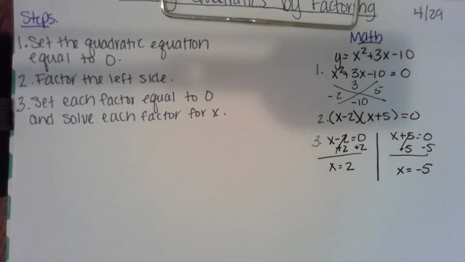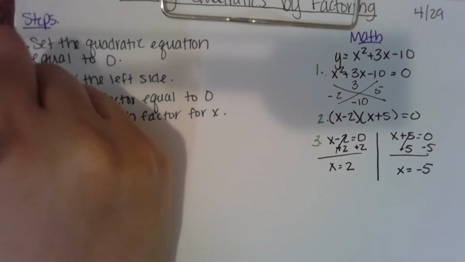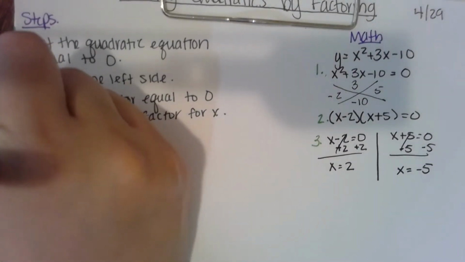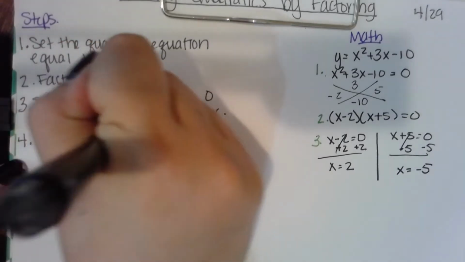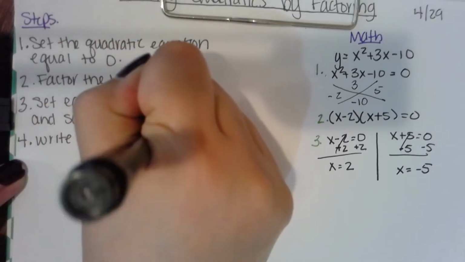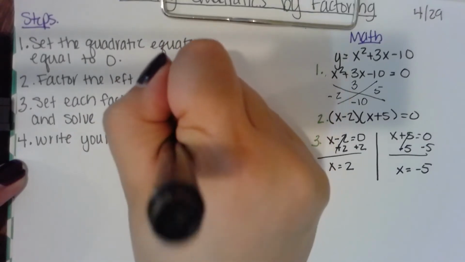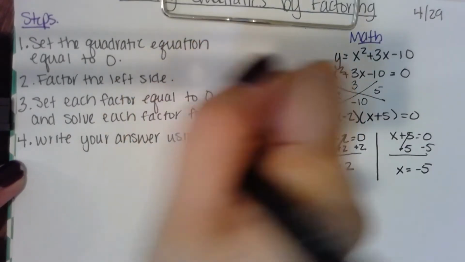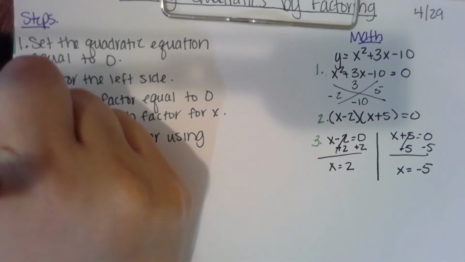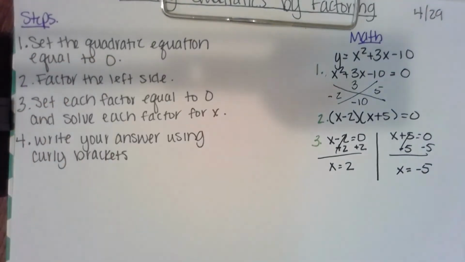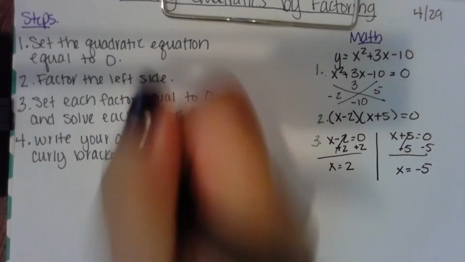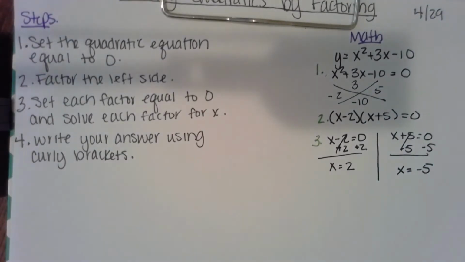Then once you're there, you just have one last step to do. Our last step is to write your answer using curly brackets. Just like we did in the homework for quadratic roots, where we wrote x equals, open curly brackets, the two x values where the graph crossed the x-axis.